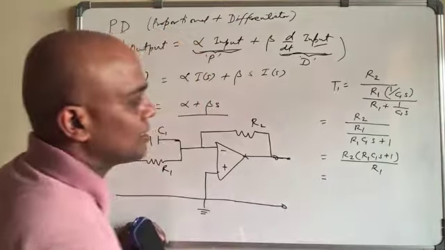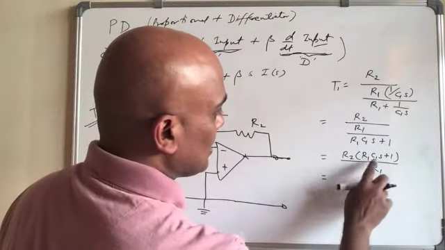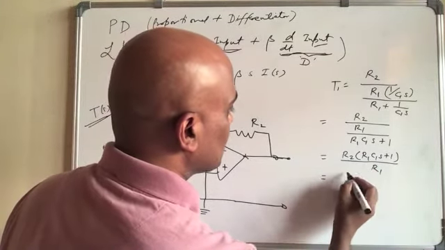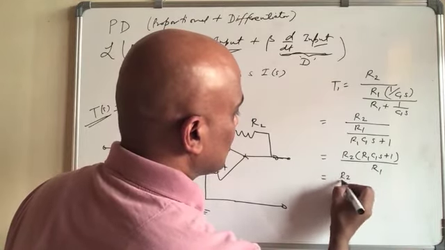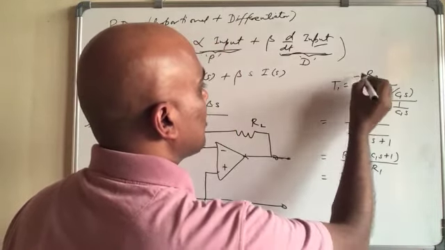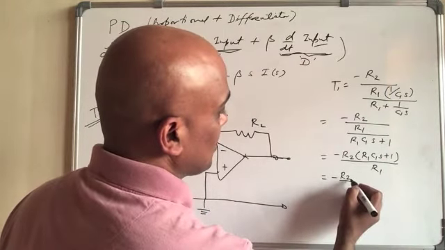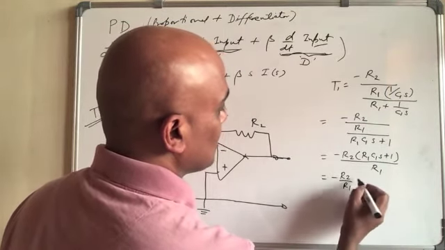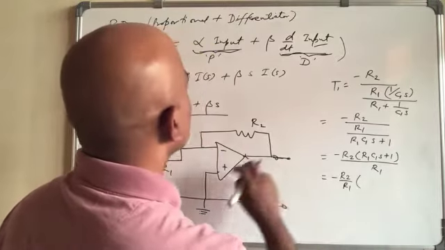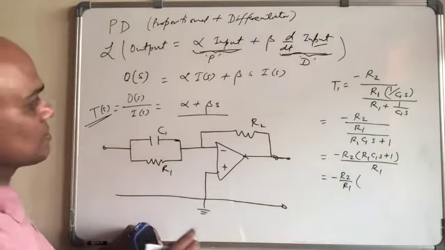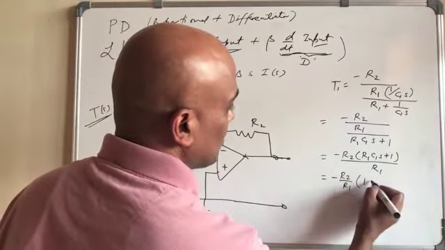Remember this will be all minus, so this becomes minus R2 over R1.